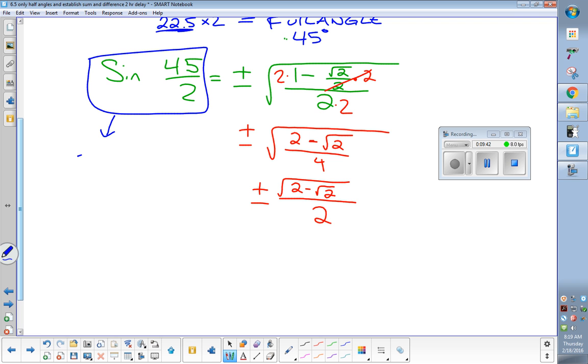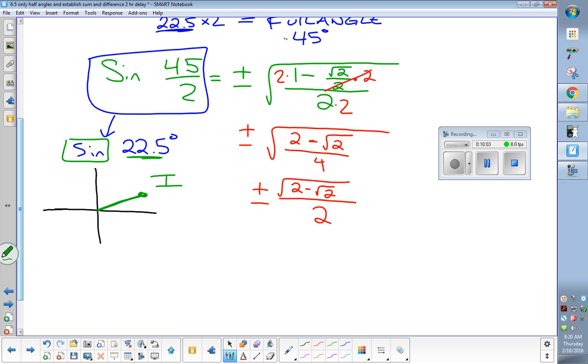We are doing the sine of 22.5 degrees. So if I'm doing the sine of 22.5 degrees, I need to think about which quadrant that would fall in. So 22.5 degrees, that would be an angle something like that, so it's in the first quadrant.